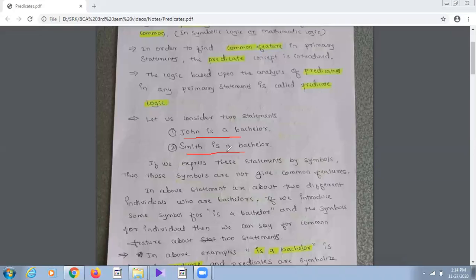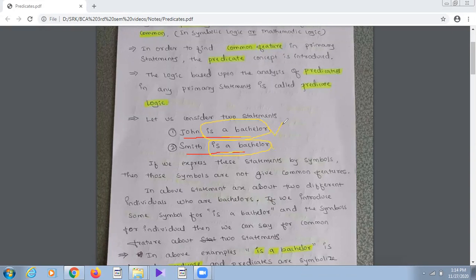Here the common feature is "is a bachelor" in both primary statements. This is called a predicate. And here also this is a predicate.